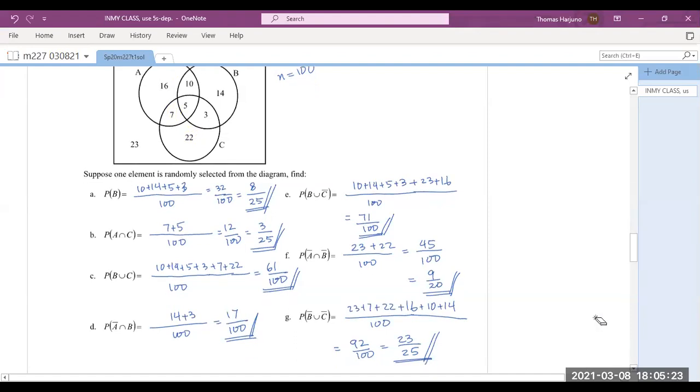Not in B refers to outside of B, right? So outside of B are this guy, this guy, this guy, and this guy. Yeah, 23 and 7 and 22 and 16. But I like how you did those first and then moved on to the C, not in C. It helps me out.